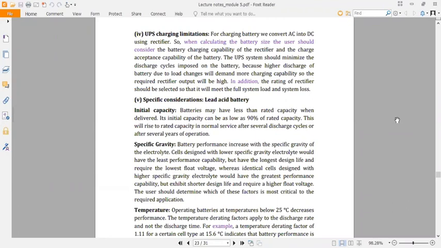That DC will be given as an input to the battery for charging the battery. So when calculating the battery size, we should consider the battery charging capability of the rectifier. What is the capability of the rectifier that we are using to charge the battery, that should be taken into consideration.